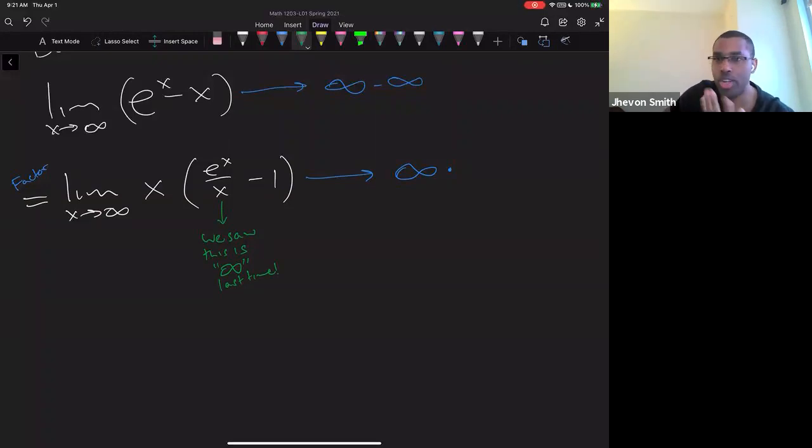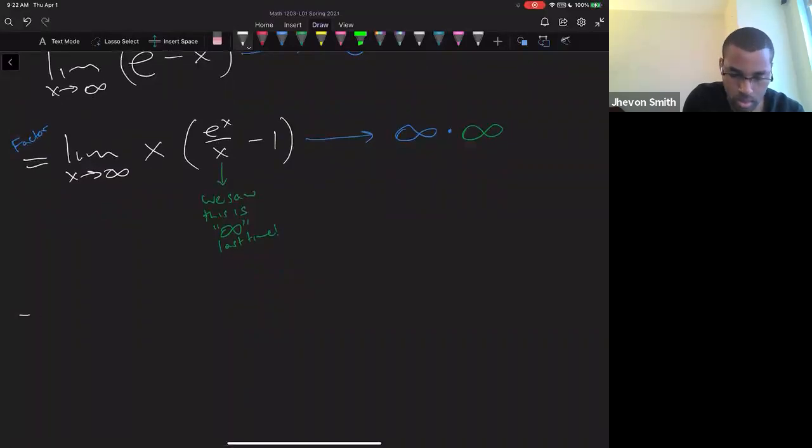It's top heavy as you're going off to infinity. The e to the x is going to overwhelm the x. So we're going to get infinity anyway. So this becomes infinity right here. Right? So now you have infinity times infinity. What is that? Is that indeterminate? Do we need to do something else?